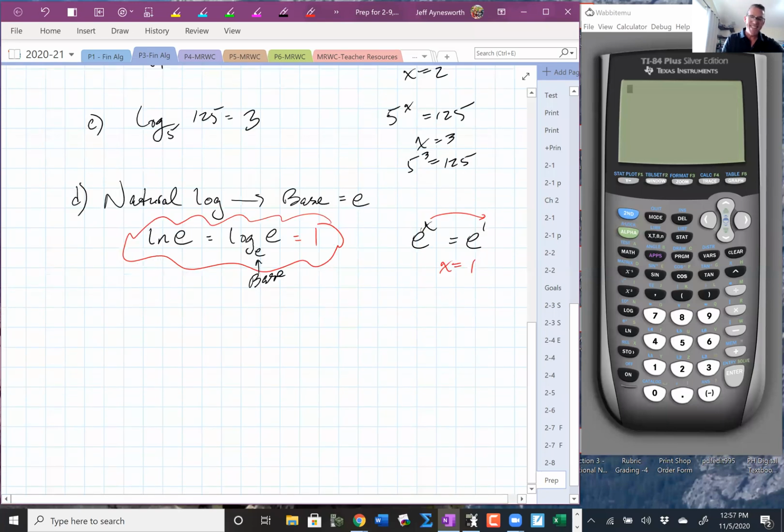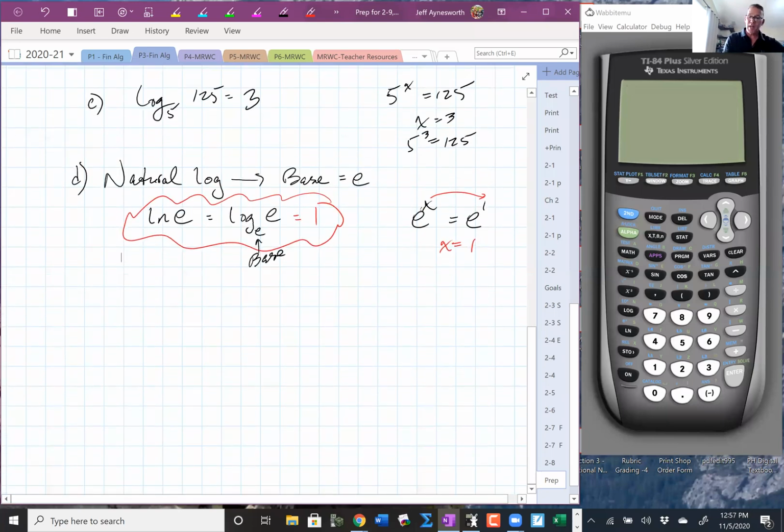All right, fair enough. How about this one here? Last one, and then we're going to go to the main property that we need here today. So here we go. How about natural log of e to the 5th? What would that be?